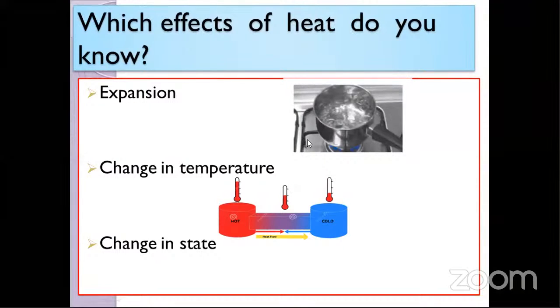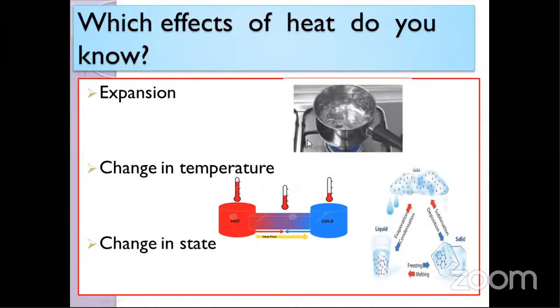Next one, change in state. Students, we know there are three states of matter: solid, liquid, and gas. There is a picture for that: solid, liquid, and gases. So let us see. When we heat an ice cube, we all know ice is in a solid form, it will convert into water.